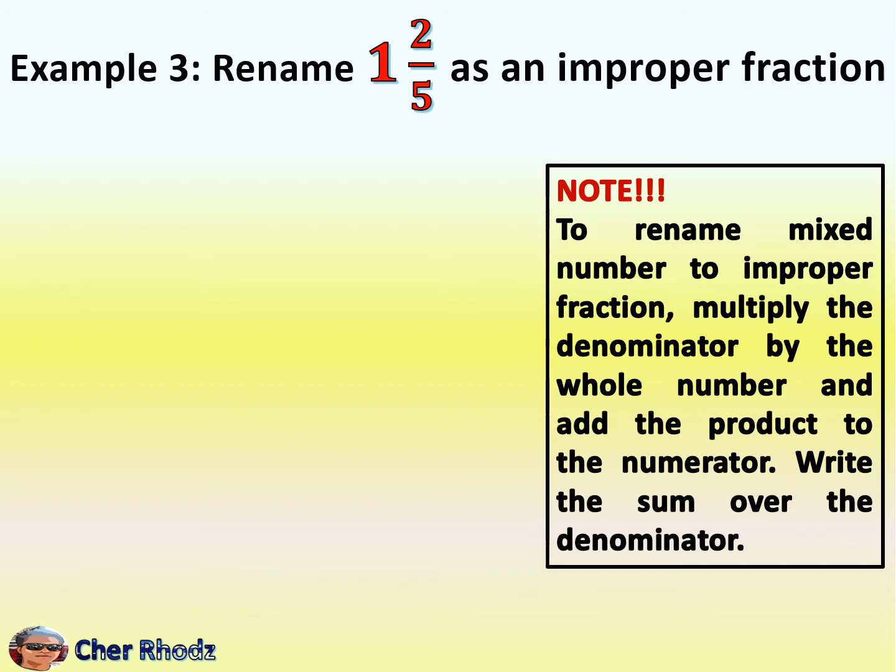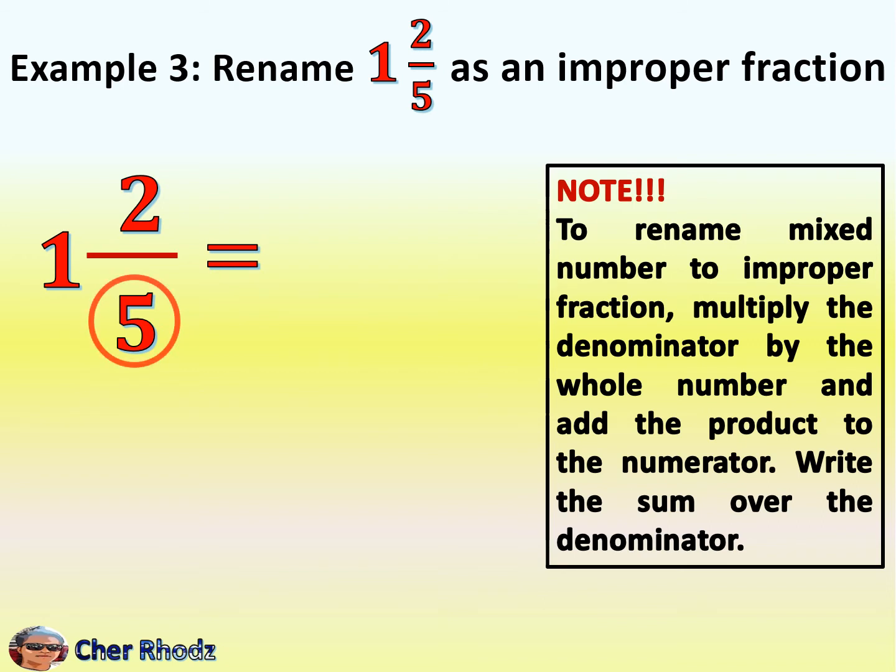With this in mind, we can now rename 1 and 2/5 to its equivalent improper fraction. First, let's take a look at the denominator, which is 5. Copy it, and that will be our new denominator. Now, we are tasked to find our new numerator.